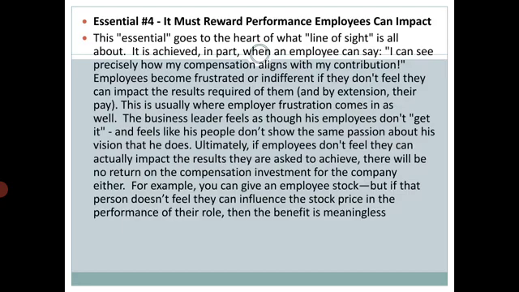Employees become frustrated or indifferent if they don't feel they can impact the results required of them. This is usually where employer frustration comes in as well. The business leader feels as though his employees don't get it and feels like his people don't show the same passion about his vision that he does.